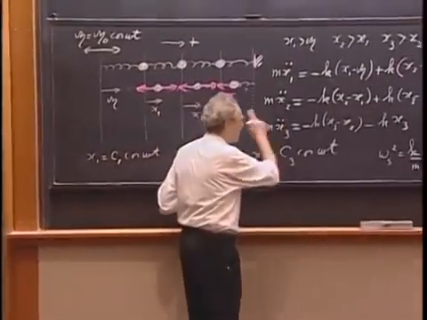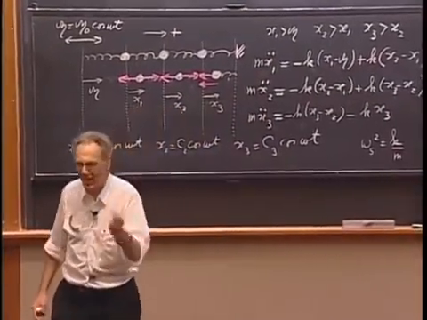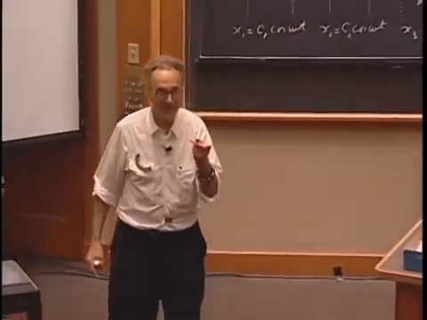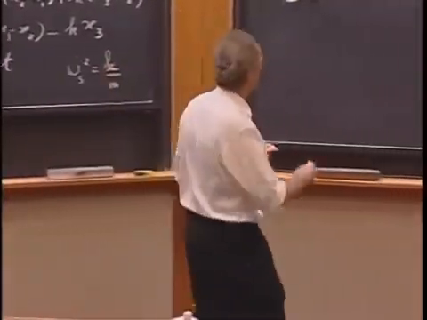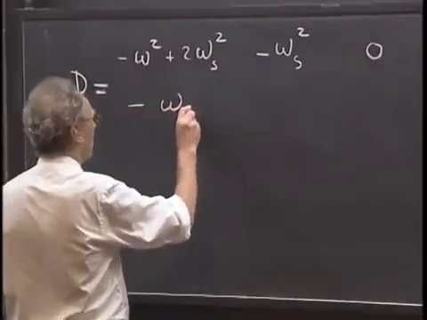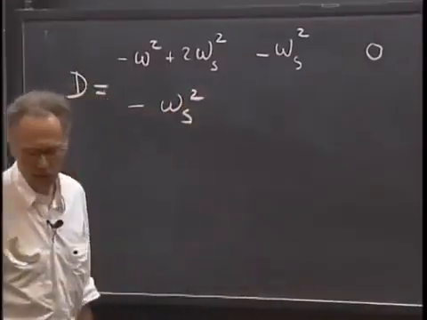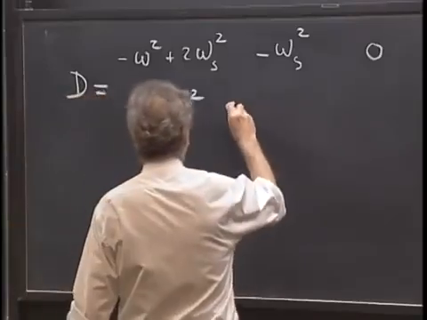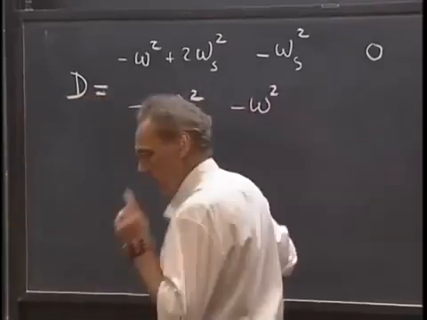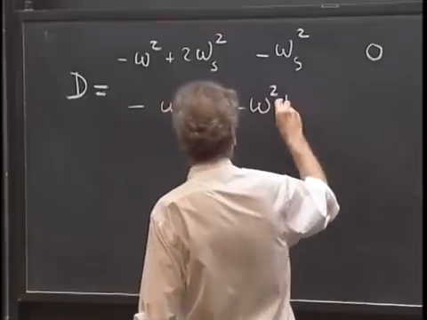But if you look at the second differential equation, that has an x1, an x2, and an x3 in it. So now you don't see zeros. And so what you're going to see is minus omega s squared. That's going to be the C1 term. And then you get here minus omega squared, I think it is plus 2 omega s squared.